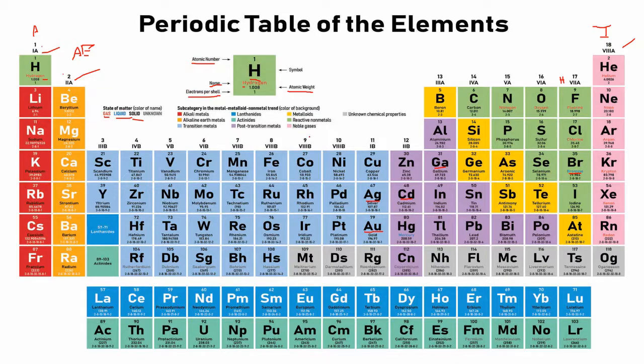Then lanthanides and actinides are also metals, and they are elements in the periodic table as well. But for our forensic chemistry interest, the 1A, 2A, 7A, 8A, and 3A, 4A, 5A, 6A groups are going to be very important. Electronegativity also increases from left to right.